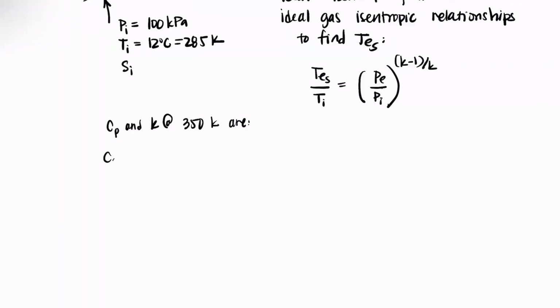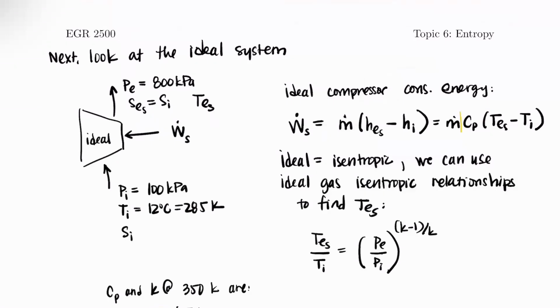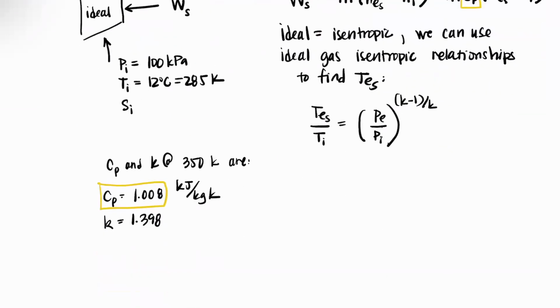So we have CP is 1.008 kilojoules per kilogram K, and then K is 1.398. All right, so I am going to put these values in for here, and K goes in here. All right, so we can solve this now for TES.